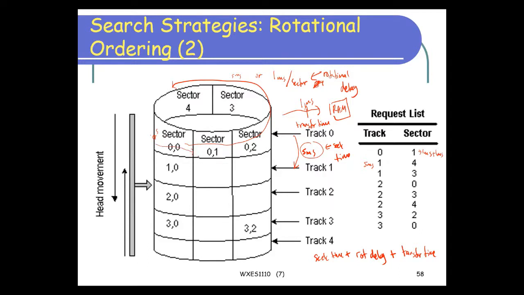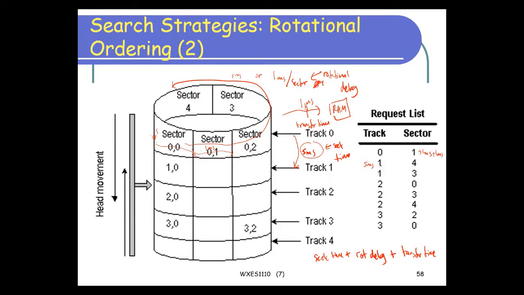But when it tries to read the sector, the arm head will move across the entire sector. So this process to this process is about 1 millisecond. This is the beginning.